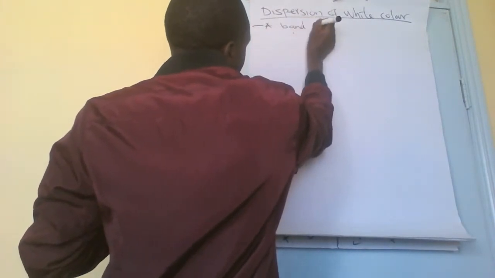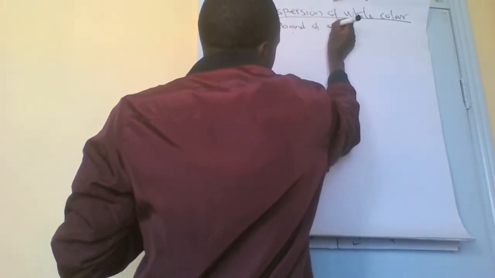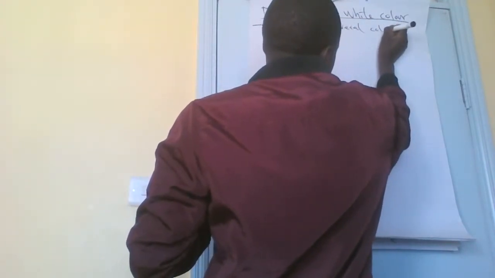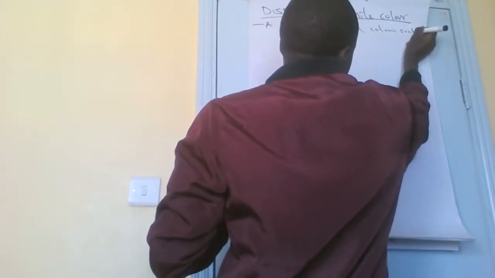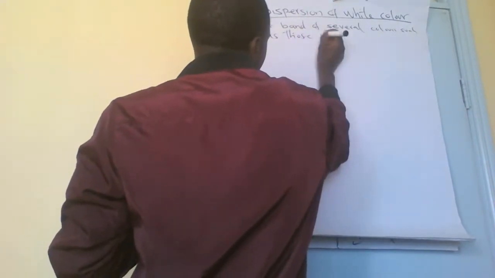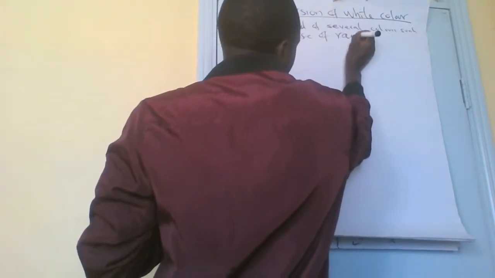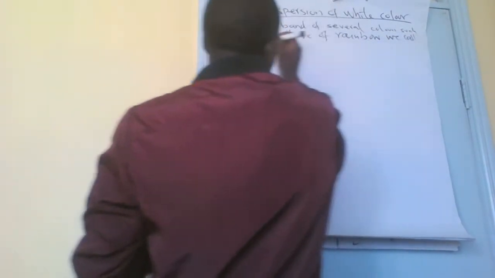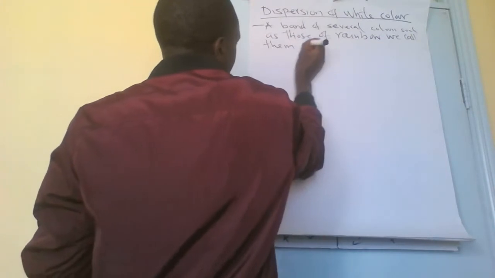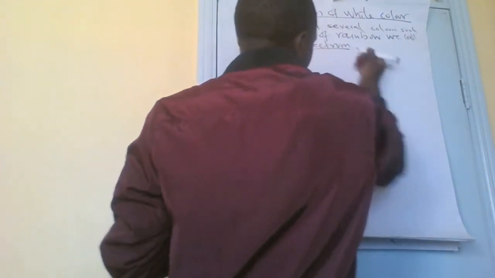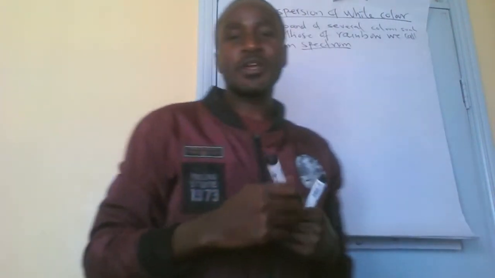A band of several colors, such as those of the rainbow, we call a spectrum.